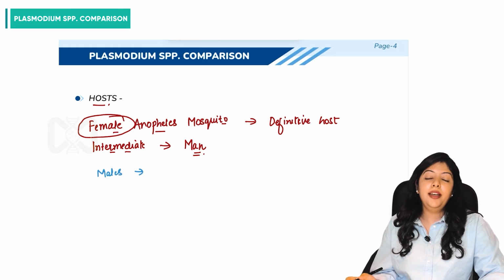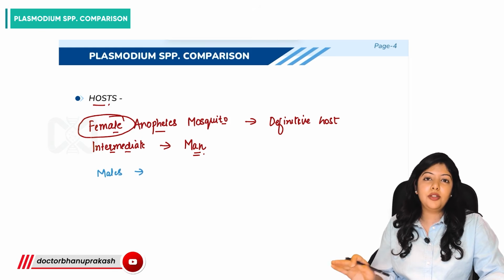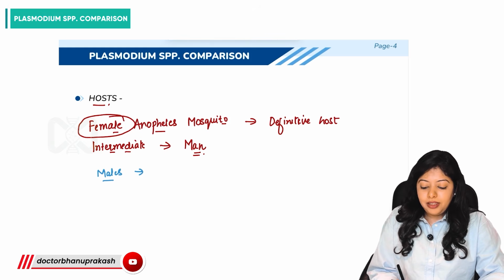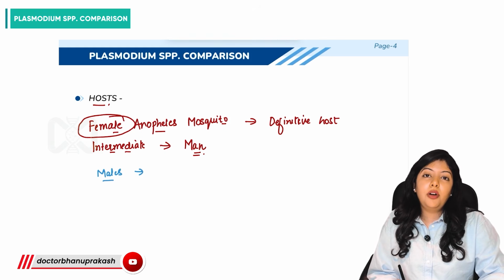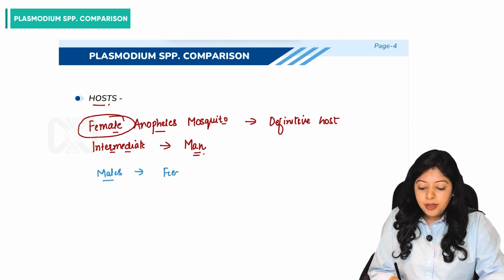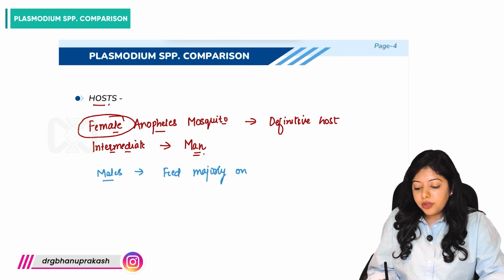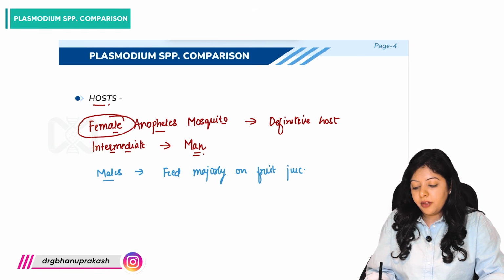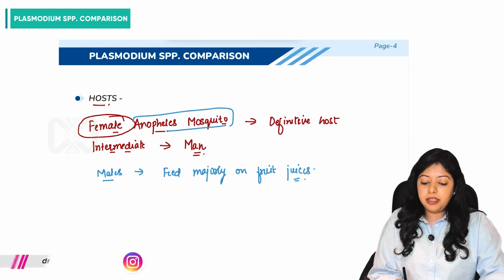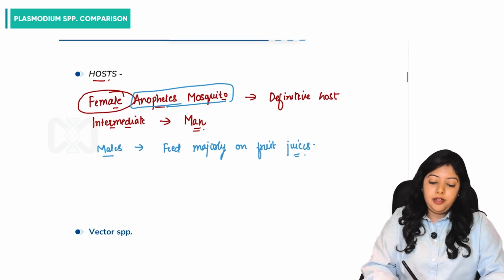They don't play the key role in hosting, right? They're just enjoying their Alfonso mango juices. So they are not responsible for causing malaria because they feed majorly on fruit juices. They enjoy the party. Whereas females require blood meals, right?